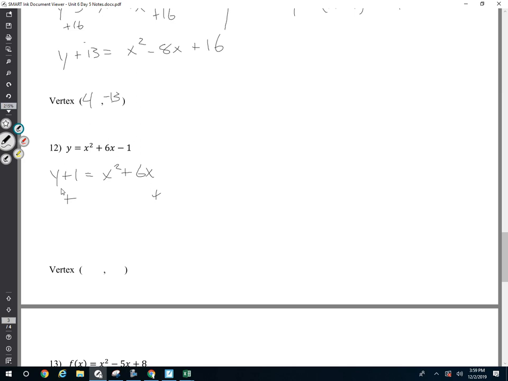Find the number to add so that it's x squared plus 6x plus something that makes that a perfect square. If you don't know, take that middle term, that b term, that 6, divide it by 2 and square it.